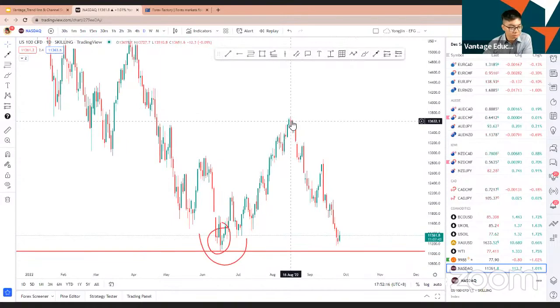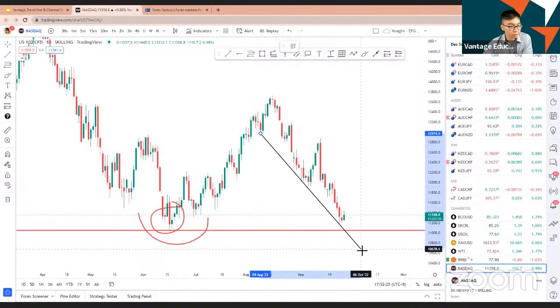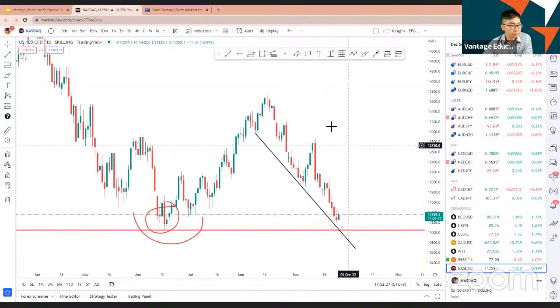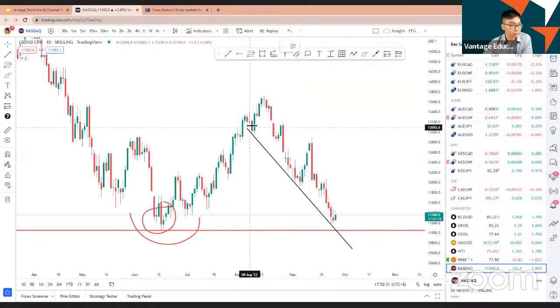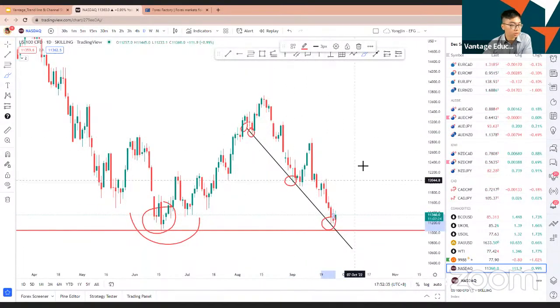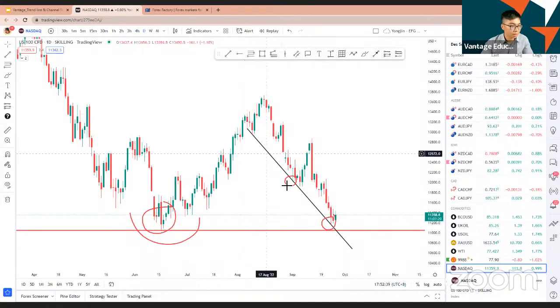It's since 16 August earlier this year. Let me draw a trend line. Trend line. Okay, what we have? Nice trend line. 1 touch, 2 touch, 3 touches, and 4 touches. Okay, this confirms the bear market structure.